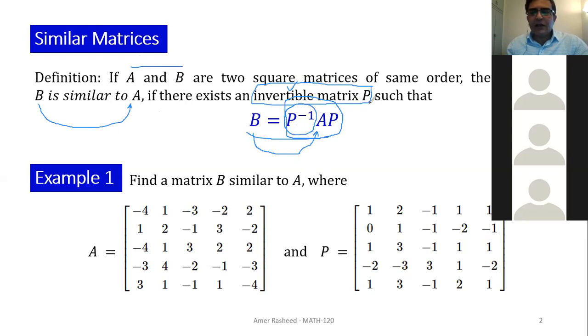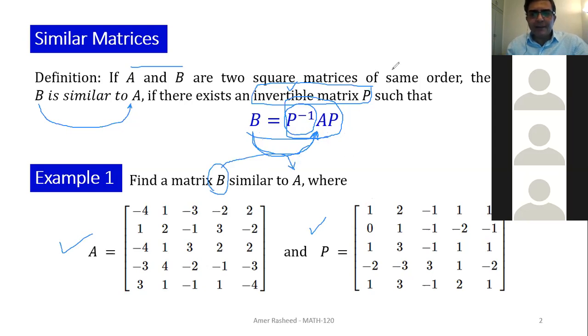If P doesn't have an inverse, we cannot have P inverse. So the relationship is that two matrices A and B are similar if B can be written in this form: P inverse A times P, where P is an invertible matrix. For example, if we are given this A matrix and P matrix, we can find the B matrix which is similar to A.